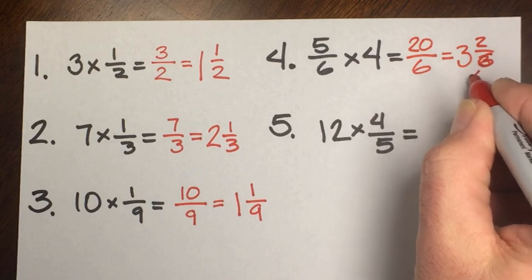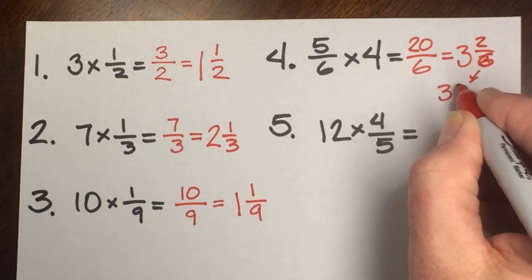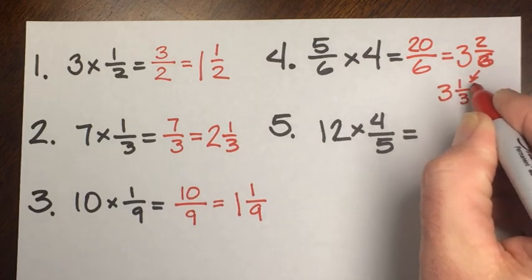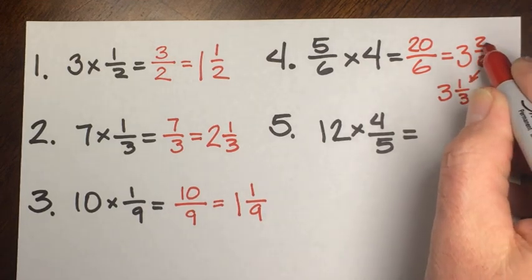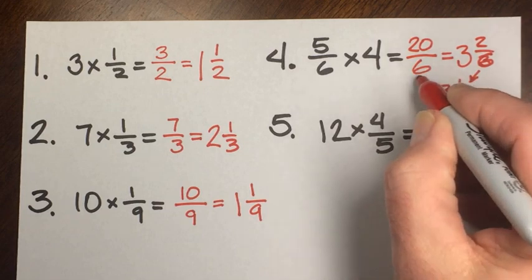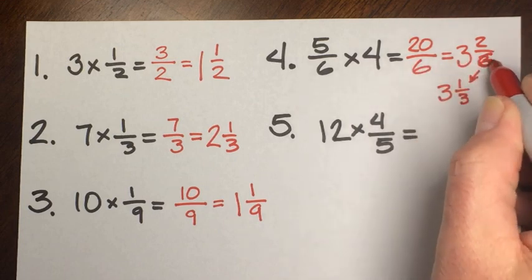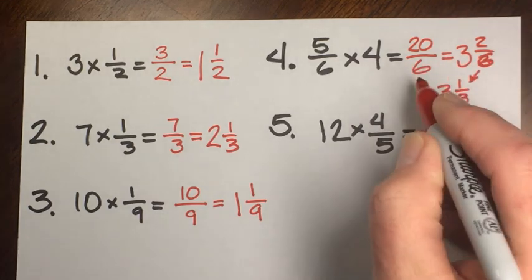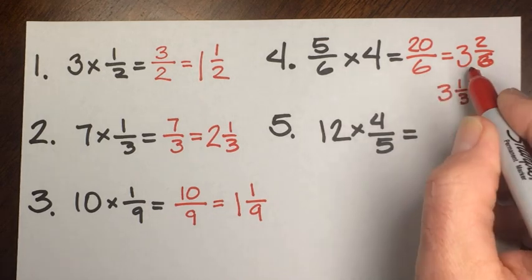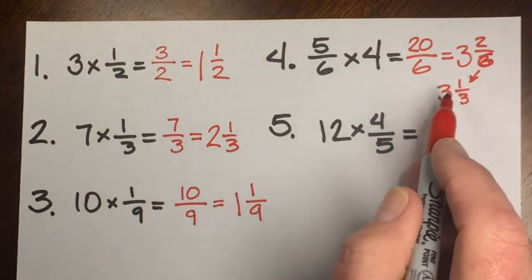And that can simplify to 3 and 1/3, because this will be divided by 2. So this is okay, that's okay, and that's the best answer, but they're all equally valid. This is the 5th grade standard. You can simplify further if you want to, 3 and 1/3.